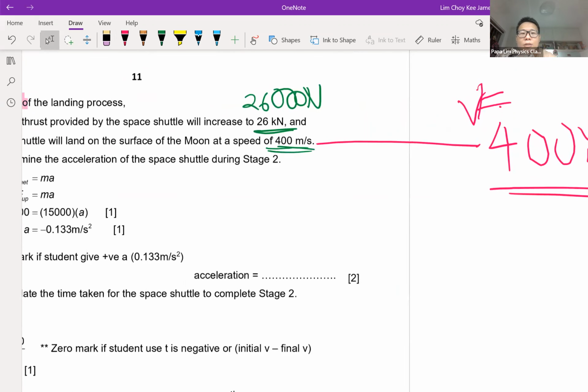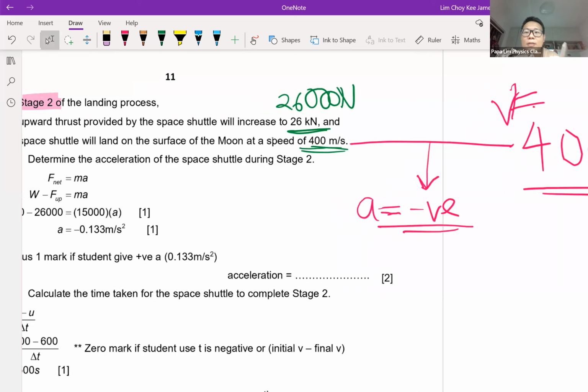If you put in these two numbers, you'll find that the clue hidden behind them is that acceleration is negative, because the object decreases speed. So it is experiencing a deceleration or retardation, which means if I'm looking for acceleration, I expect this number to be a negative number.